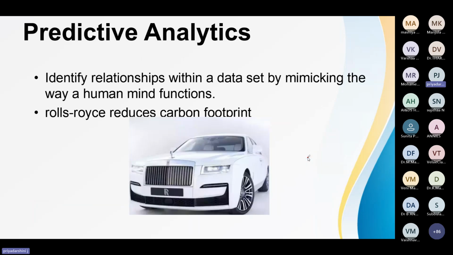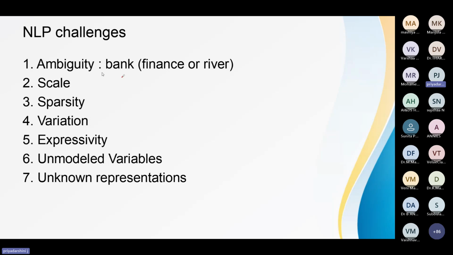Predictive analytics also. In NLP's challenges, the main thing is ambiguity. When I simply put bank, or tree, in a Google search, what do you think will be given?